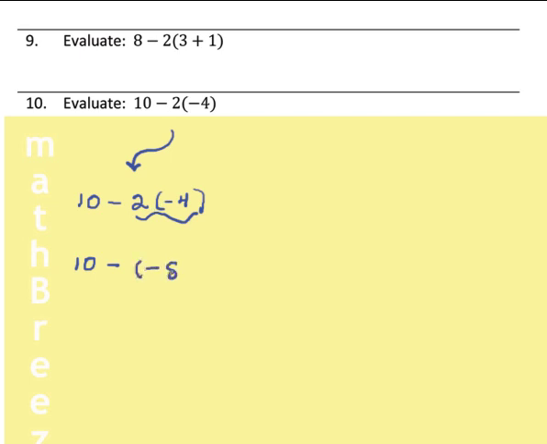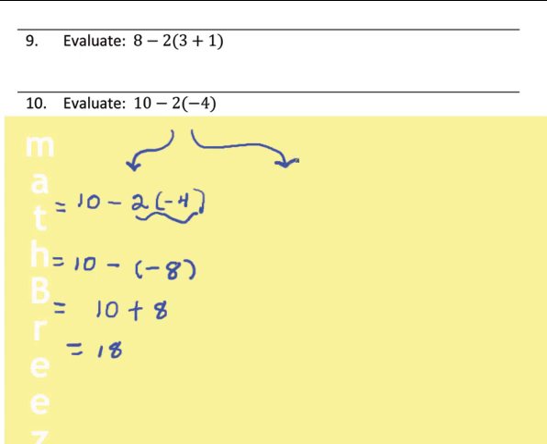So 10 subtract minus 8. I'm going to keep it in parentheses just because I don't like writing minus minus. So here we have 10 subtract minus 8, and let's remember our rules for subtracting negative numbers. When you subtract a negative, you add a positive, so this minus minus turns into a single plus, and we have 18.